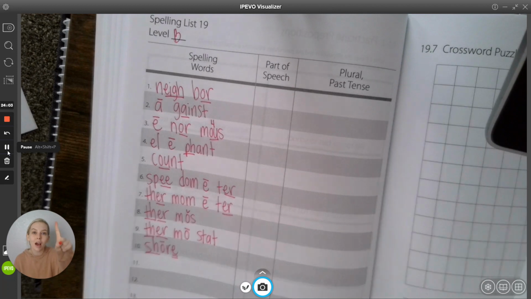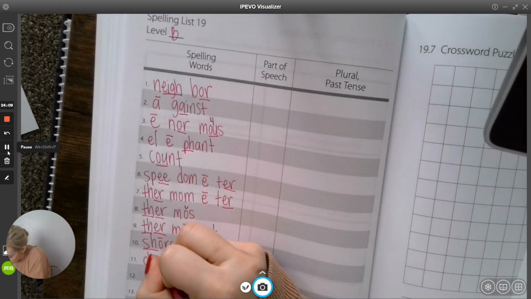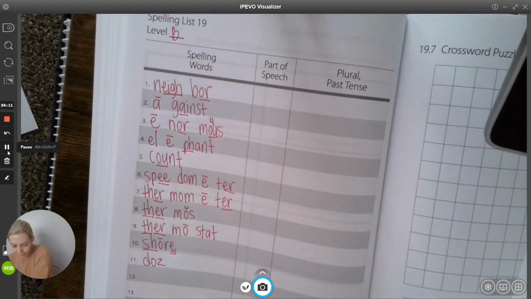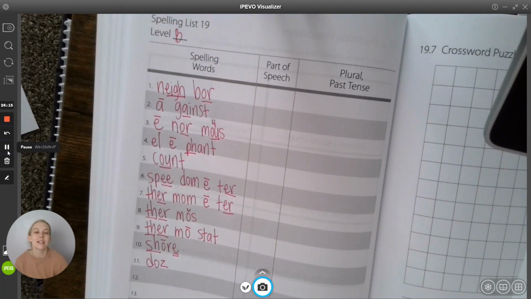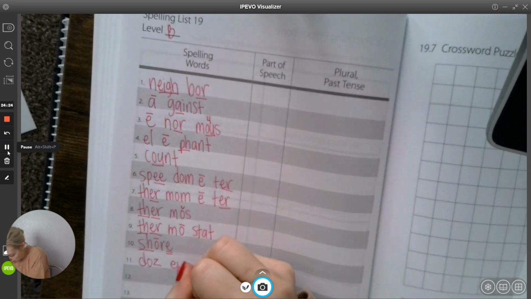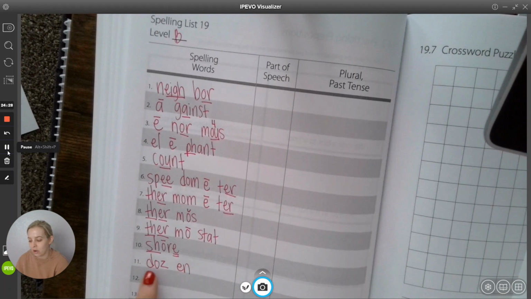And the second syllable is n. Sound it out. N. Finger spell. Nothing to mark there, but note that this says its schwa sound, dozen.